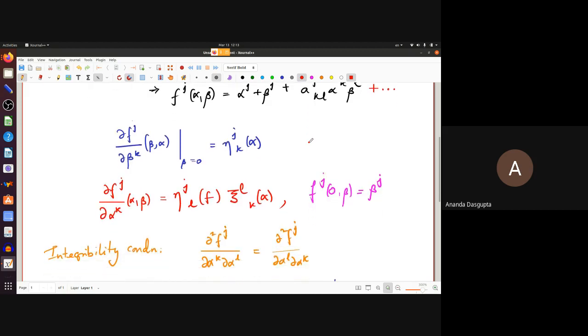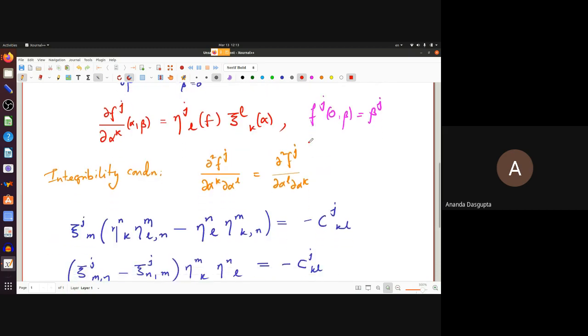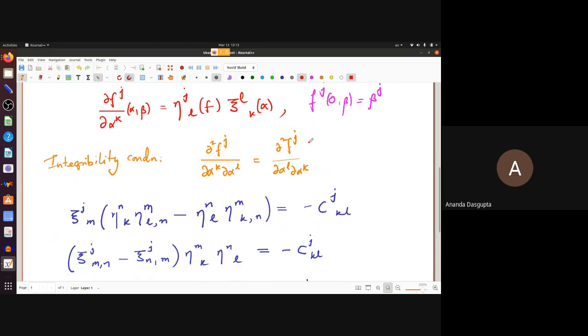And then we had this integrability condition, which is something you have learned about partial derivatives from our very beginning. And there, after a lengthy manipulation, it translated to this bunch of conditions. That is, this particular combination of zetas and etas would actually be a bunch of constants.